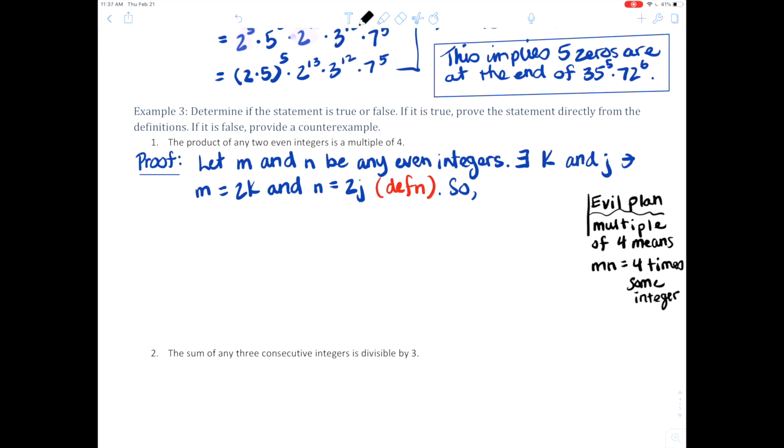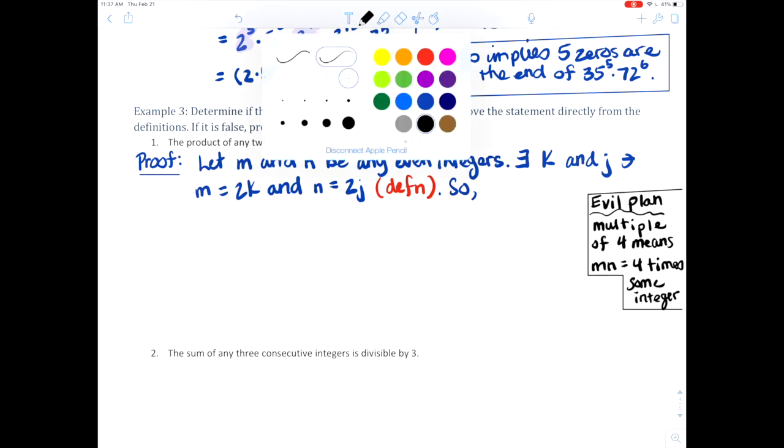Okay, so that's where we need to go with this. And it's fine for you to write this on an exam. Just have it to the side, right? So I don't think you're assuming what you're trying to prove. So with this in mind, right?